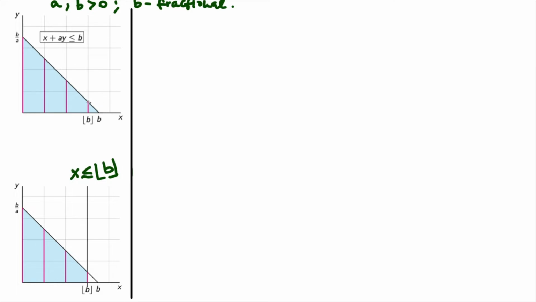To cut off this corner, what we need to do, we essentially just forget about ay here, and if x plus ay is less than or equal to b, and both a and y are non-negative, then clearly x less than or equal to b is going to be a valid inequality, and then because x has to be integer, we can round down b, and we obtain the cut x is less than or equal to floor of b.